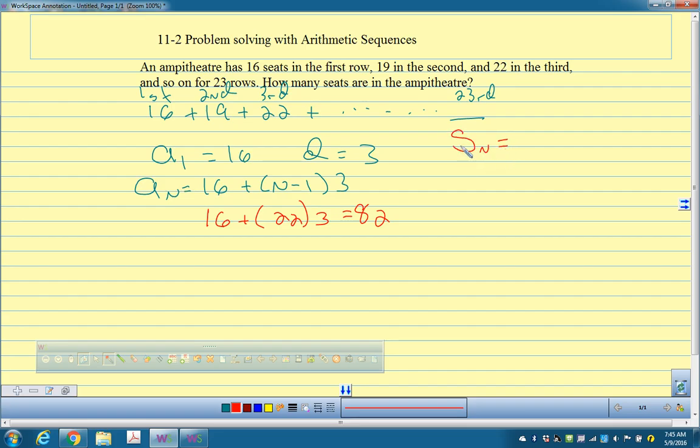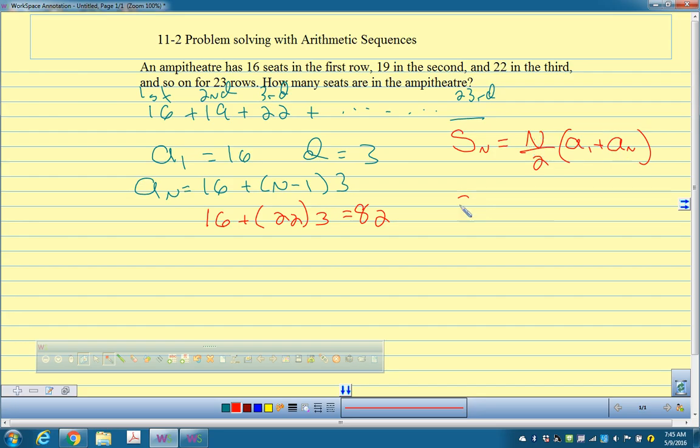Now I'm not done yet because I have to use the formula for the sum of an arithmetic sequence, which is a good review: the number of terms divided by 2 times the first term, a sub 1, plus a sub n. So we add together the first term and the last term, multiply by how many terms there are, and divide by 2, okay?